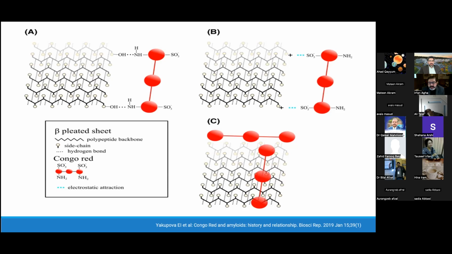It could also bind to positively charged amino acid residues along the peptide chain, or there could be polar contacts that actually rivet the molecule to the beta-pleated structure. The sensitivity of Congo red staining to detect amyloid is about 65% in the bone marrow, but in the kidney and the heart and the muscle, it gets to the high 90s, so very good sensitivity.